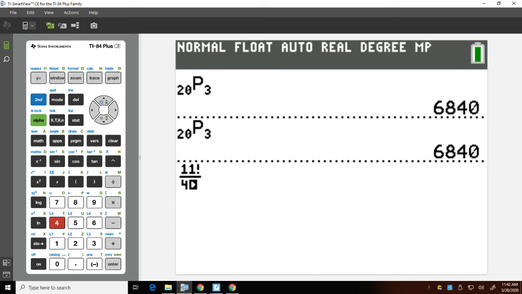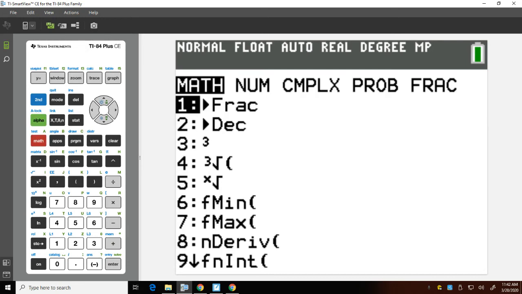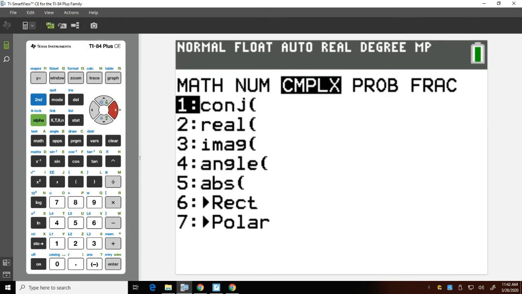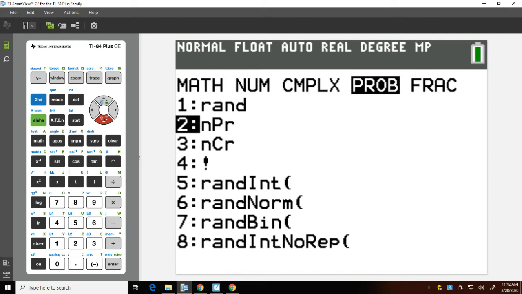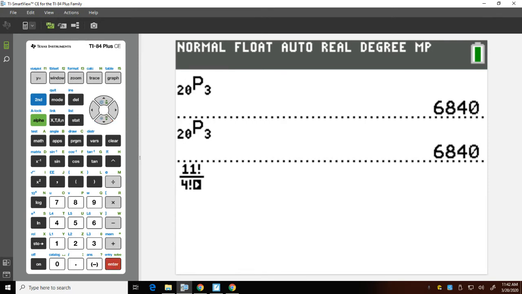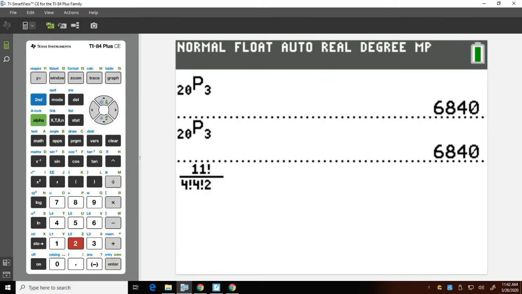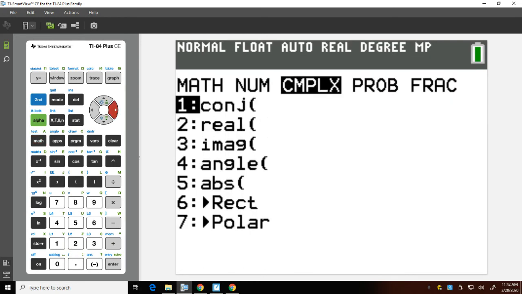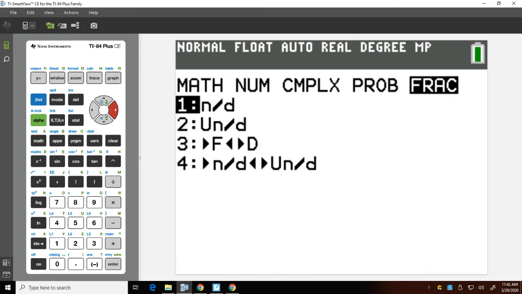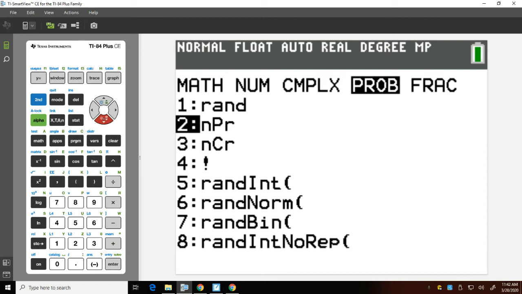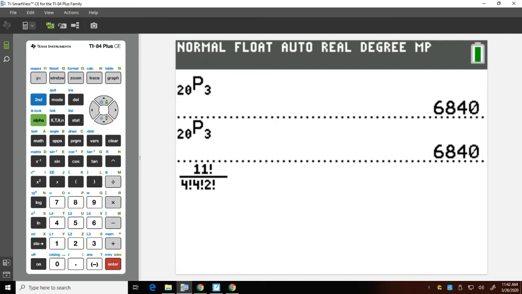So math, scroll all the way over to prob. Scroll down to number 4. Then put another 4, math, prob, 4. And then 2, math, prob, whoops, too far, and then 4.